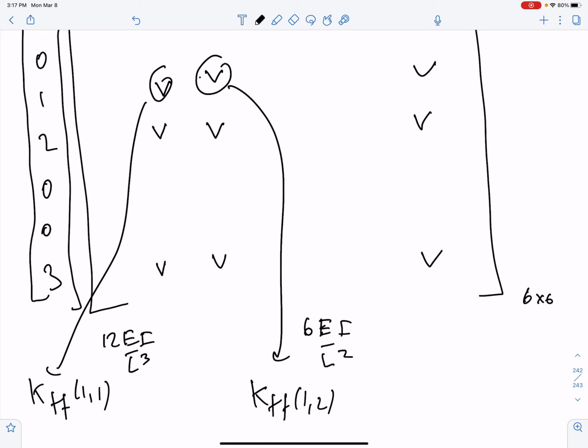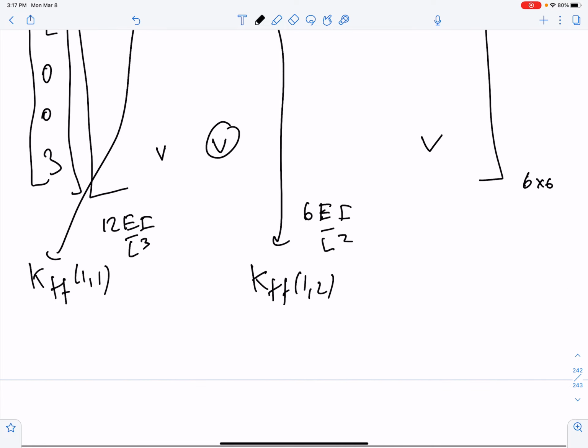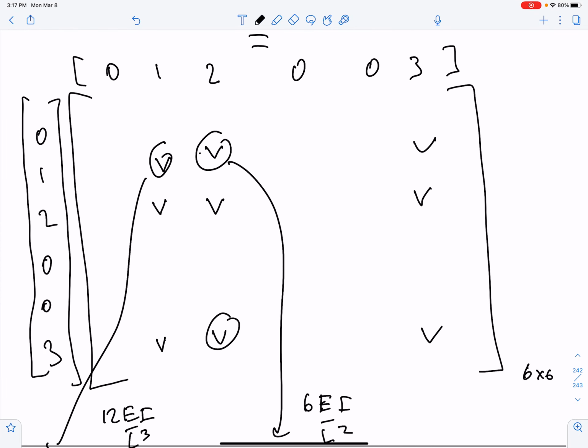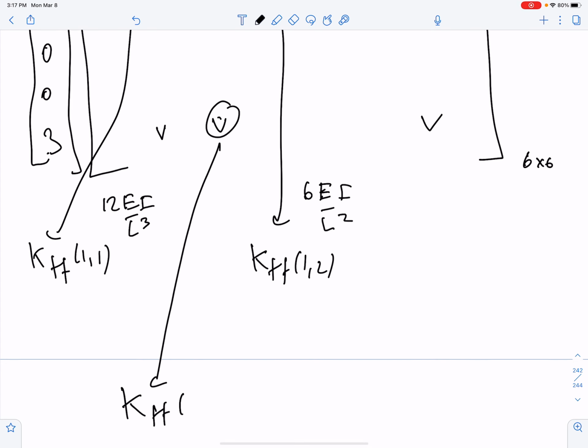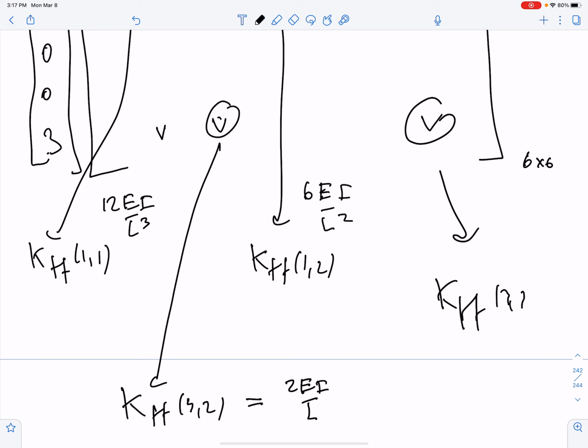Okay, let me maybe pick another one. Let's pick this guy here. It goes into the location 3, 2, and the entry there is 2 EI over L. Okay, and then the last guy goes into KFF 3, 3, and then the entry is 4 EI over L. Okay.